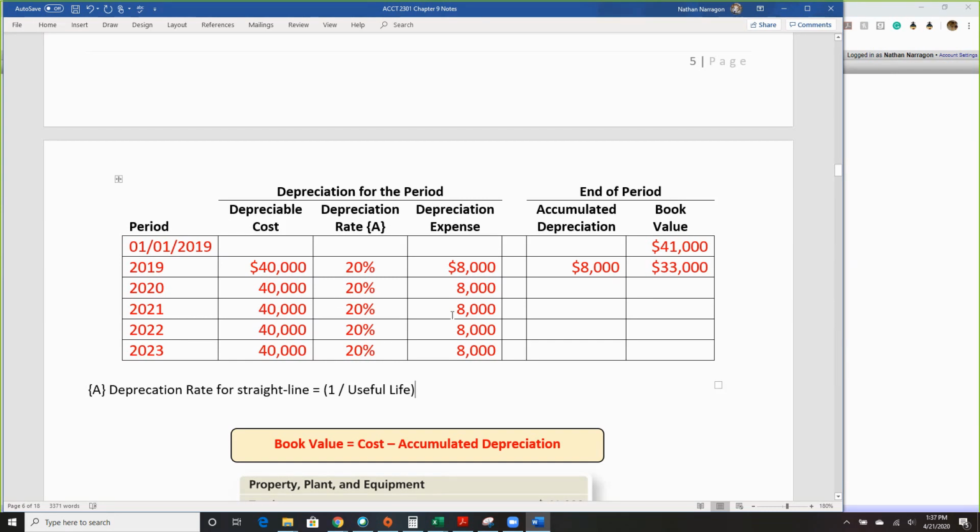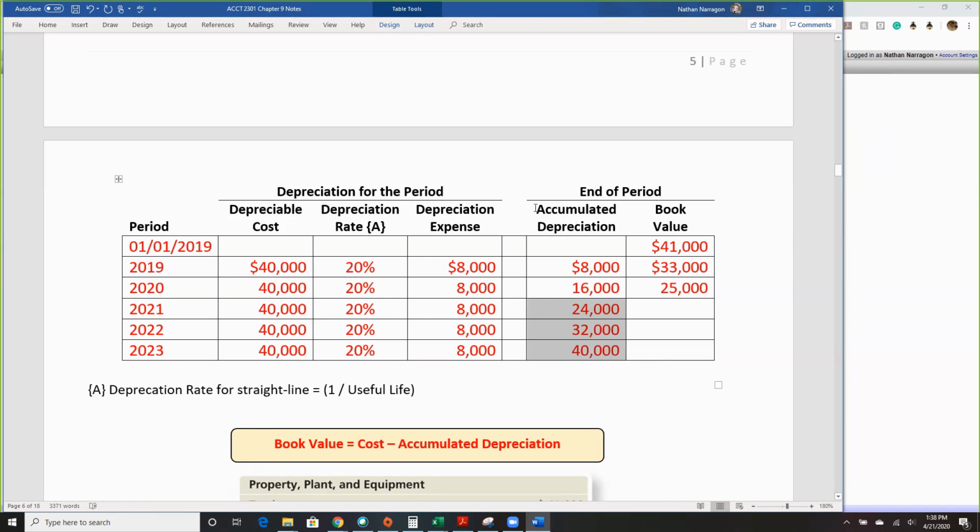In 2020, it'll jump up to $16,000. Again, adding on another $8,000. And this one will reduce by 8,000. So 25,000. And so forth and so on.